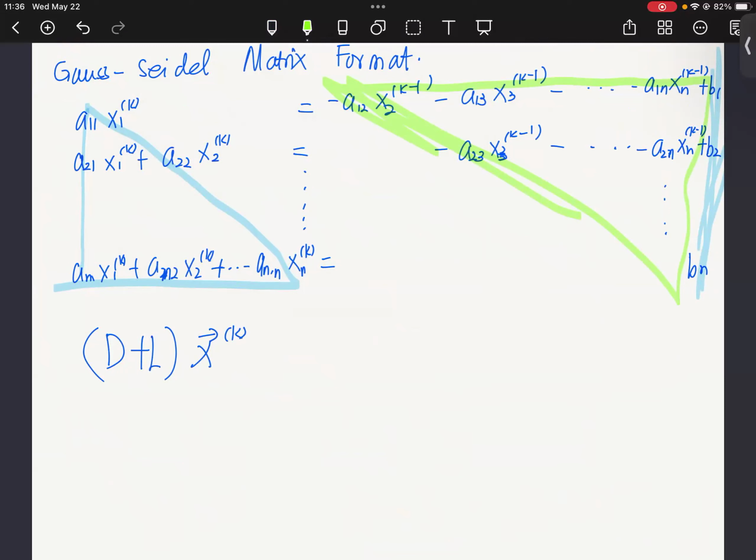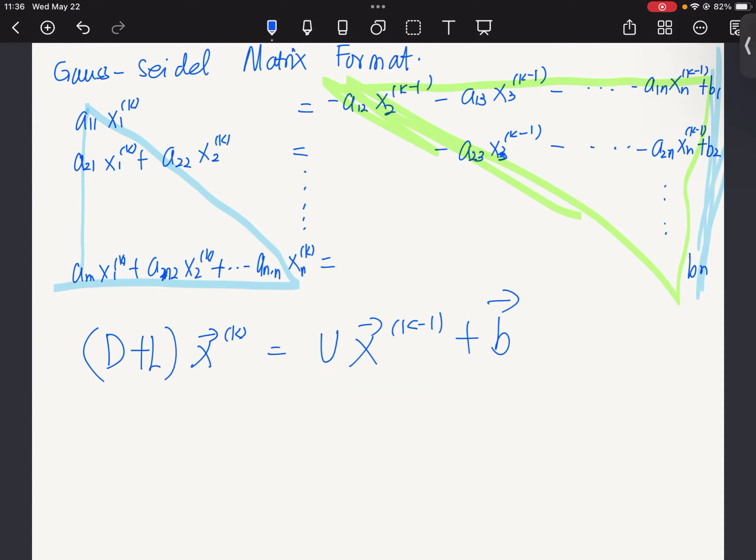So this is the upper right triangular part from the A matrix, and this is the U matrix, times the x k minus 1 vector, because this is the k minus 1 iteration result on the right-hand side, plus the b vector, b1, b2, up to bn.